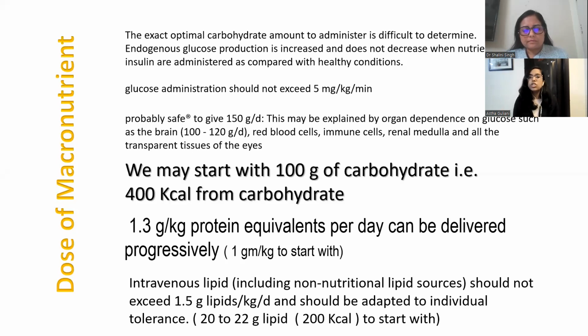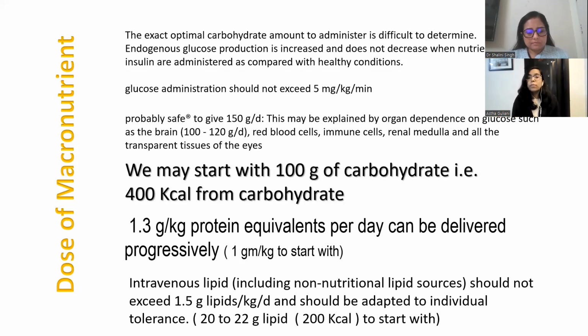And the safe option is to give 150 gram per day, out of which 100 to 120 gram per day will be utilized by the brain and the rest by RBCs, immune cells, renal medulla, and the transparent tissue of the eye. So for my patient, I can start with 100 gram of carbohydrate, which will provide about 400 kilocalories out of the total 800 kilocalories that she requires.